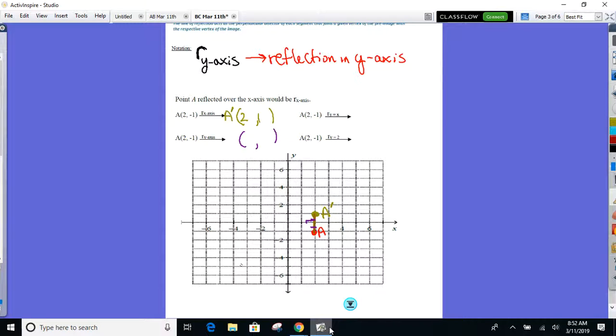What's my new point? -2, -1. We're still going to call it A prime, because we're just going back to A. If I kept going with 2, 1, I'd call it A double prime, which we will.